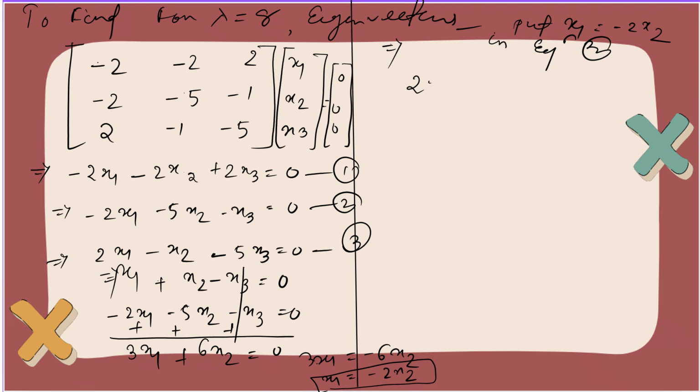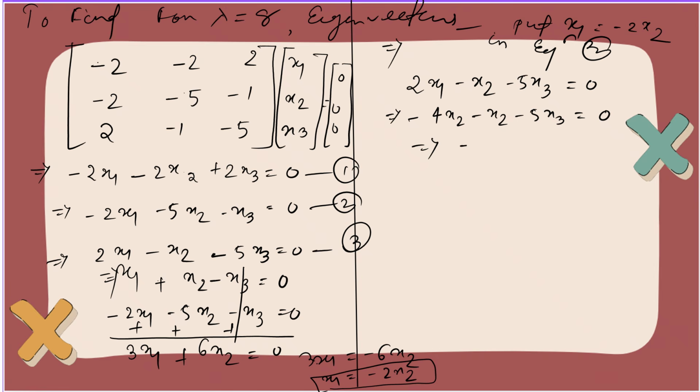What happened? 2x1 minus x2 minus 5x3 is equal to 0. So this x1 is in the form of x2. So we need x3 in the form of x2. So if we put x1 equal to minus 2x2, it is minus 4x2 minus x2 minus 5x3 is equal to 0.